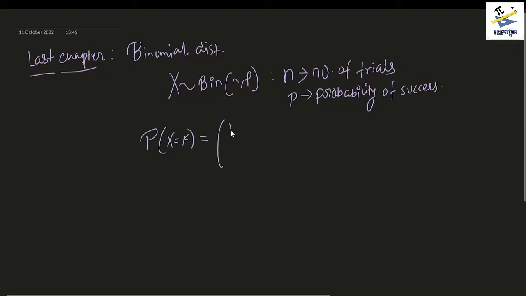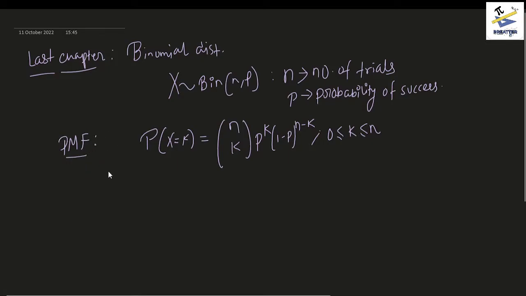Just a quick review of what we have done in the previous chapters. The PMF is nCk times p to the power k times (1 minus p) whole to the power n minus k, and this goes for 0 less than or equal to k less than or equal to n. So this is the PMF for the distribution.